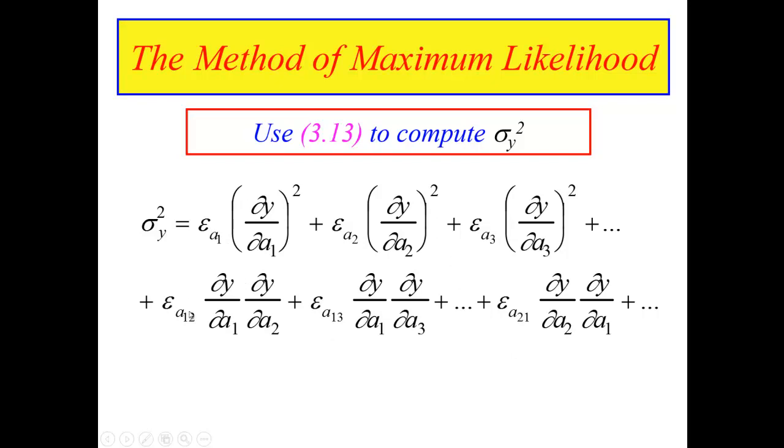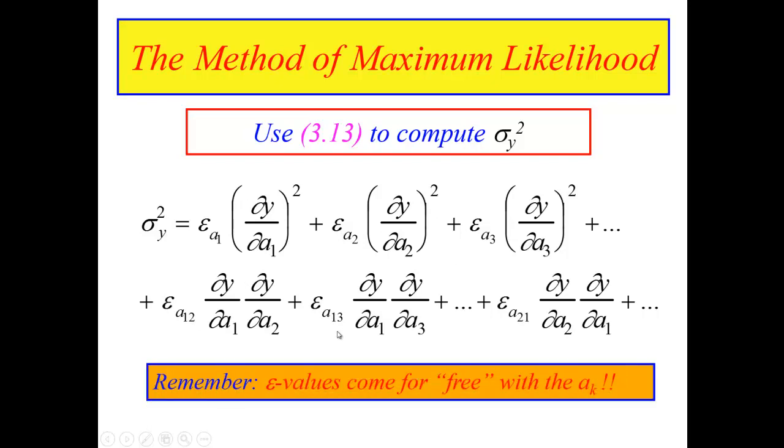The off-diagonal terms give us the covariance terms. And just to remind you, this doesn't even involve an extra step in the whole solution process, because we had to compute these epsilon matrices anyway when we were solving for the a sub k's.